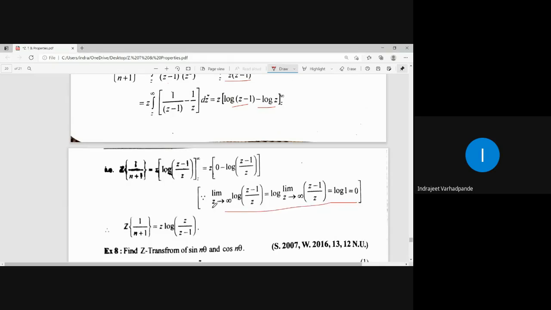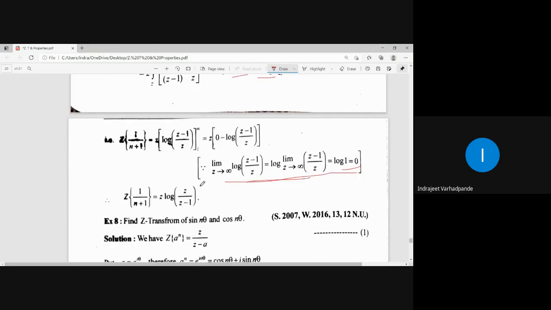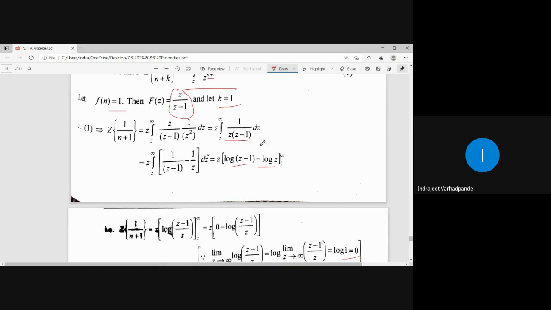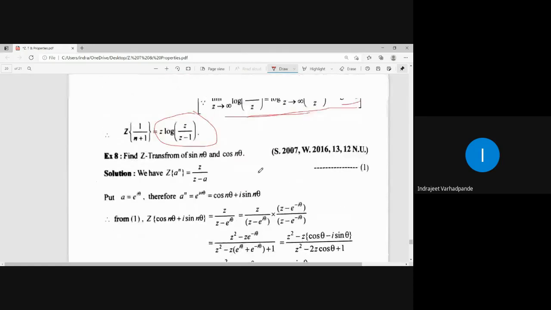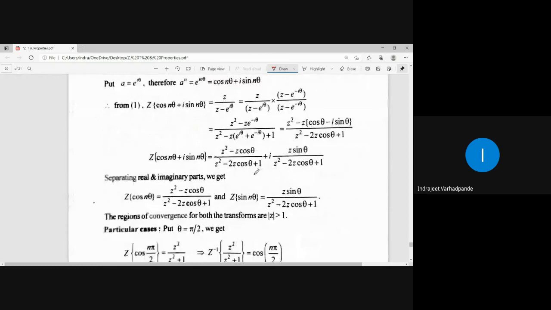When you put the upper limit as z tending to infinity, it is converted to this form and log 1 is 0. So the minus sign will come. So what is our final answer? Our final answer is z into log of z upon z minus 1. See, the implication of the statement of the property is very simple. This is actual integration with which you are familiar. You know how to do it and how it is solved.